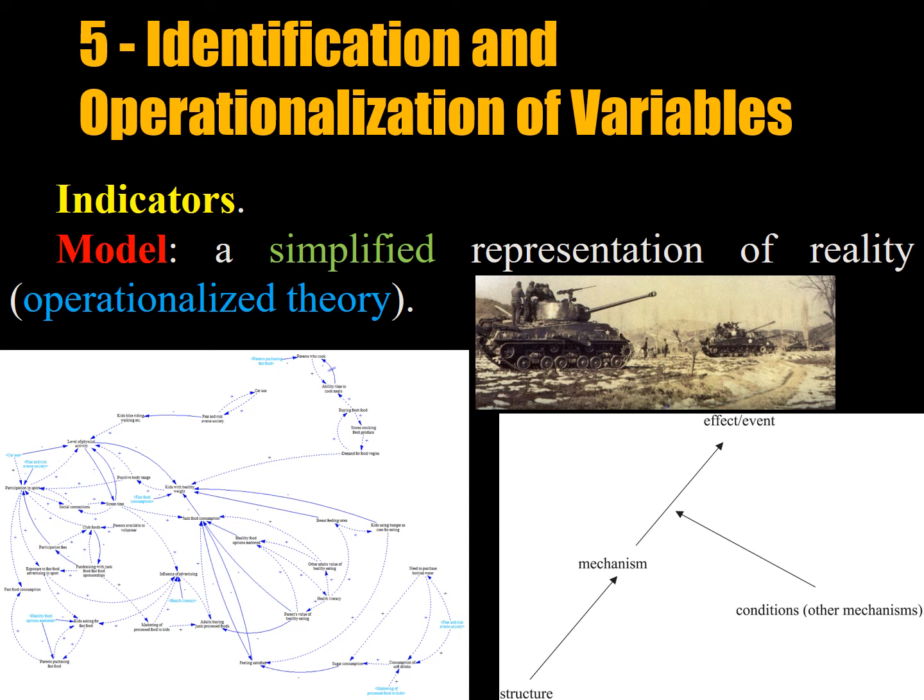Step 5, the identification of variables and their operationalization. So scientists in the laboratory will use things like weight or mass to attribute measurement to an object. Right? Those are the indicators they use. Economists use amounts of money, or inflation rates, or levels of unemployment.